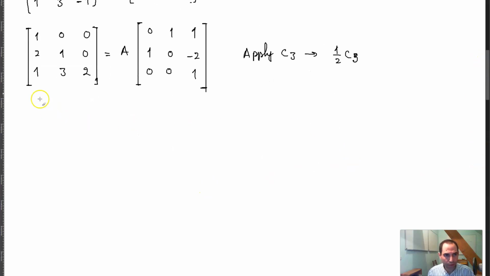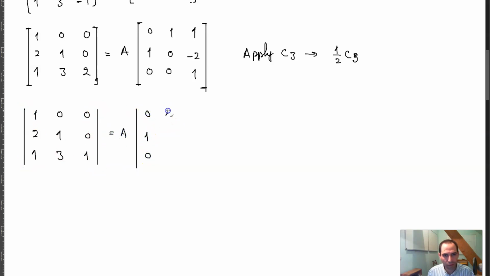So that means that column 1 and 2 remain the same, 1 2 1 0 1 3, and 1/2 of column 3 would be 0 0 and 1, and then you have A times 0 1 0 1 0 0 and 1/2 negative 1 and 1/2.